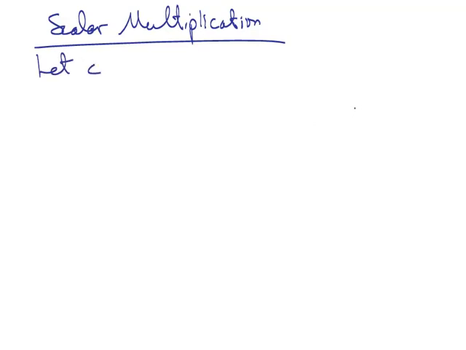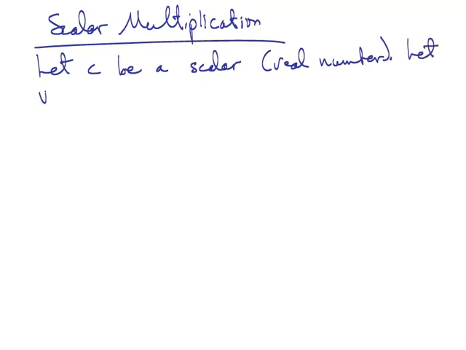Generally, we could have vector fields over scalars besides the real numbers, but whenever we talk about scalars, we're talking about real numbers, and we're normally going to let the letter c represent a scalar or any real number. Let v be some vector. And let's go ahead and make my vector here. There it is. It's got direction and magnitude.